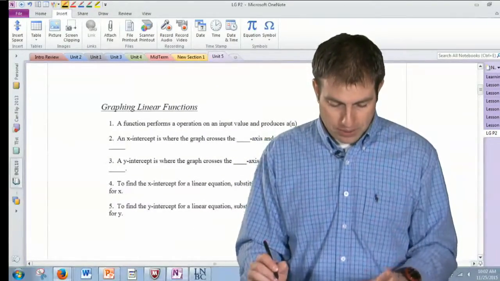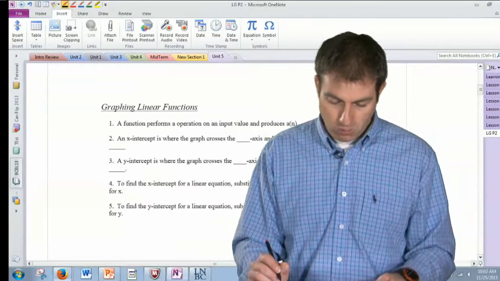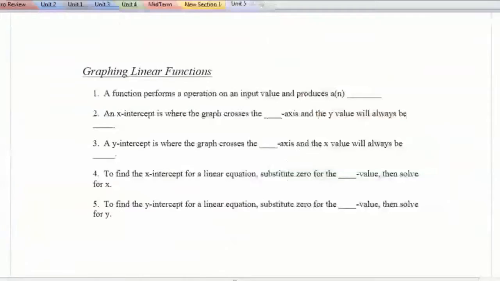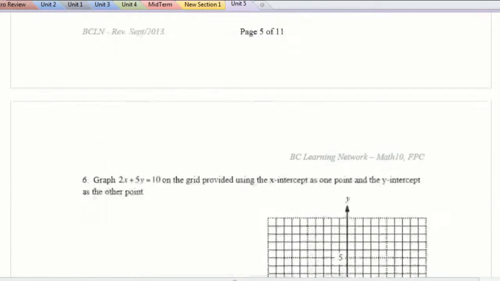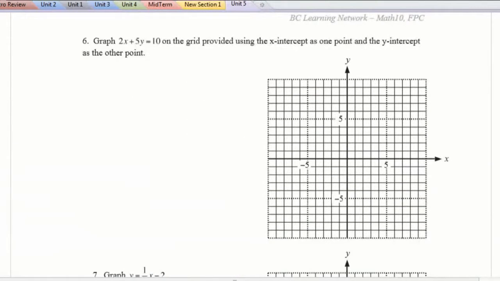So we have graphing linear functions, x-intercept, y-intercept. So we just talked about that stuff. Should be pretty good with that. Question number 6. This gives us an equation, 2x plus 5y is 10, using the x-intercept as one point and the y-intercept as the other.